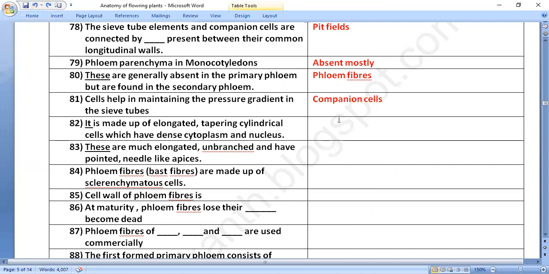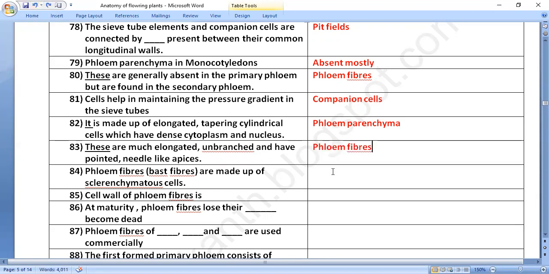Companion cells are made up of elongated, tapering, cylindrical cells which have dense cytoplasm and nucleus. Phloem fibers are much elongated, unbranched, and have pointed, needle-like apices.